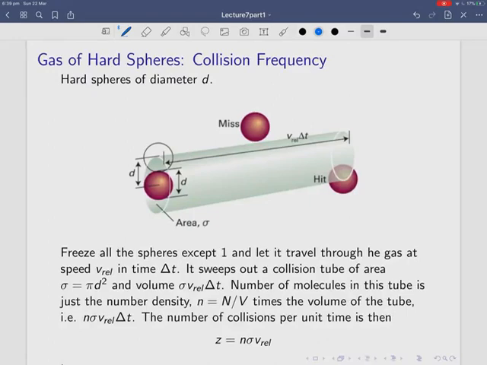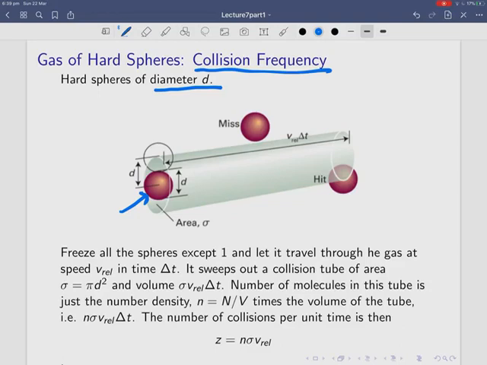Of course in kinetic theory you imagine a gas of hard spheres. We're going to go beyond the very primitive model of point particles to ones where you've got particles of diameter d. So d is the diameter. When we're trying to calculate the collision frequency, the number of collisions per unit time, what we do is take one sphere moving in the system and concentrate on that, and we freeze all the other spheres.